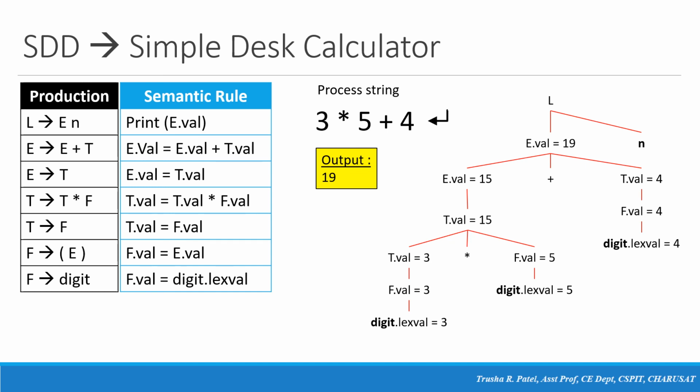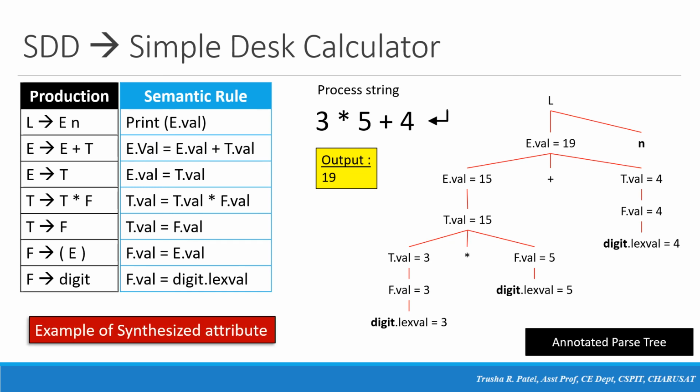So this parse tree is called the annotated parse tree, and you can also observe that the value of F, which is 3, depends on the value of digit which is 3.